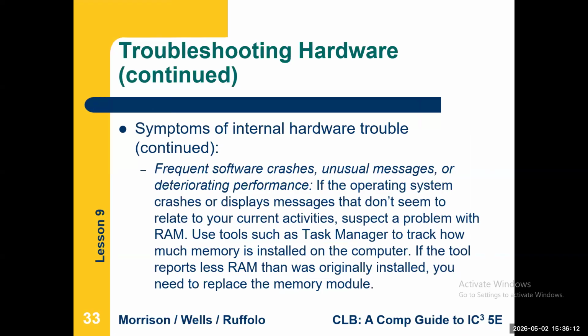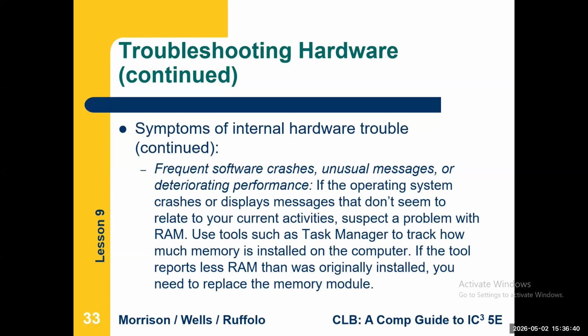Sometimes there are frequent software crashes, unusual messages, or deteriorating performance of your system. If that happens, then know that the problem will be coming from your memory, your RAM. You can use the task manager to check how much memory you have in your system. If you don't have enough memory, then you need to replace it or add to it.